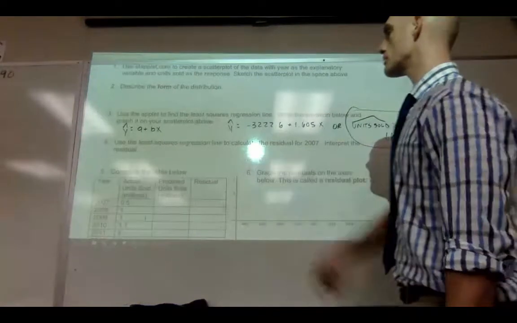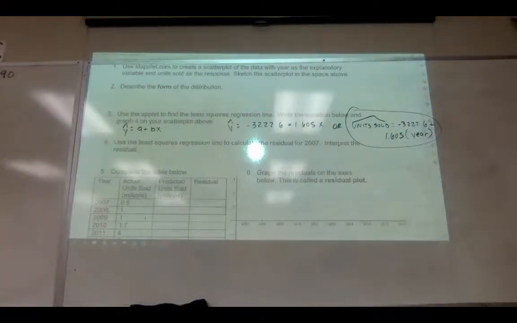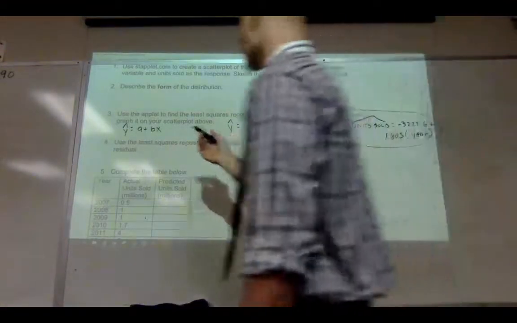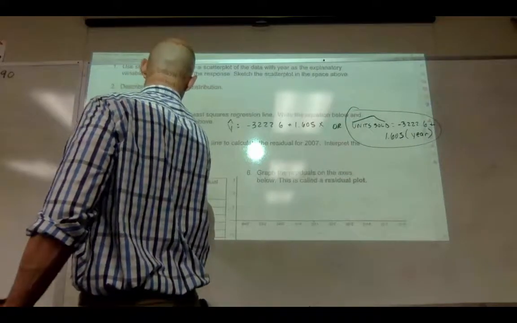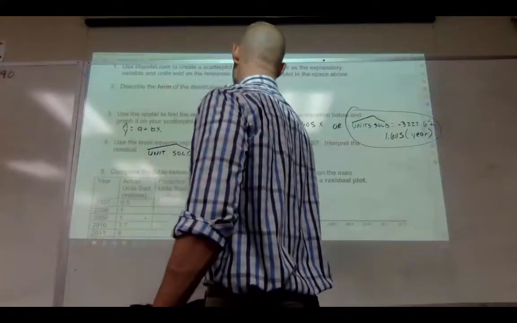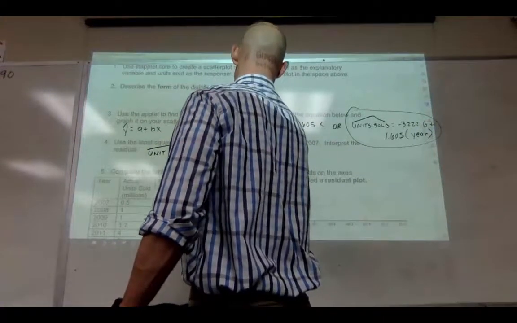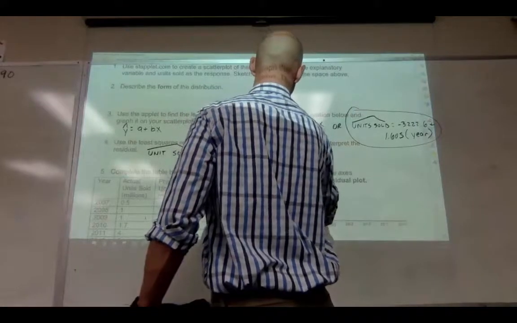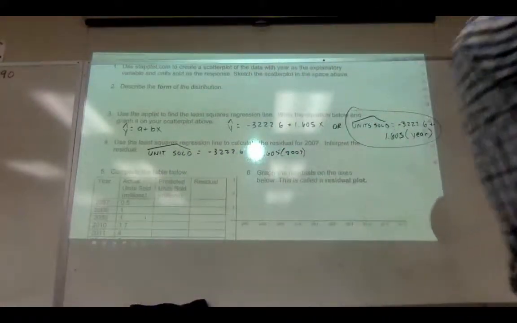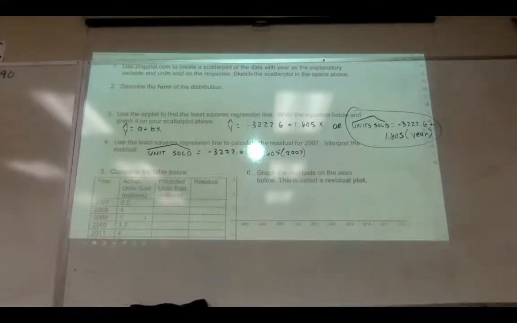So use the least squares regression line to calculate the residual for 2007. What does that look like? Well, units sold hat equals negative 3222.6 plus 1.605 times 2007. And in this case, we're calculating the residual for 2007. Why is this a meaningful comparison to make?